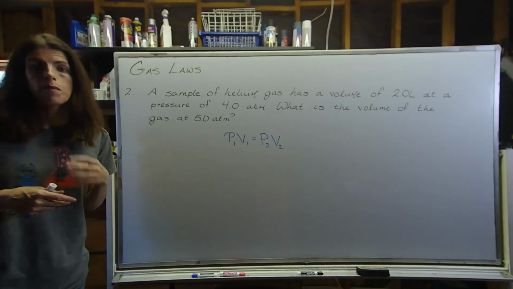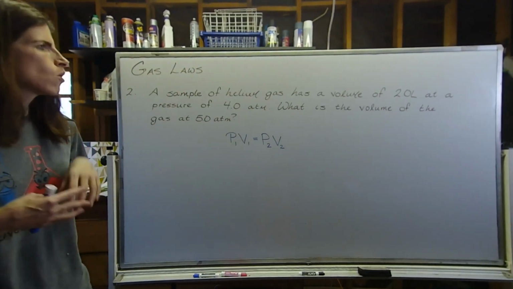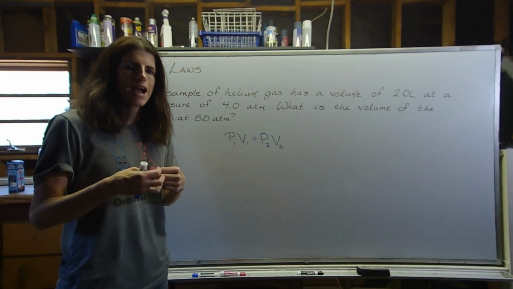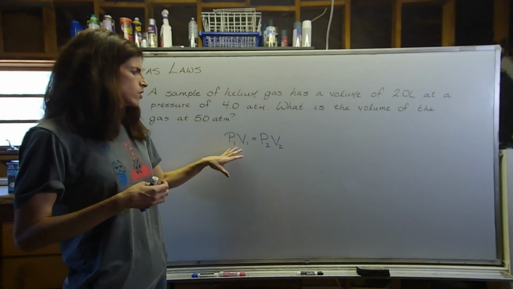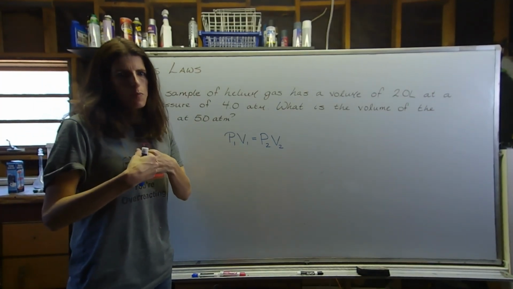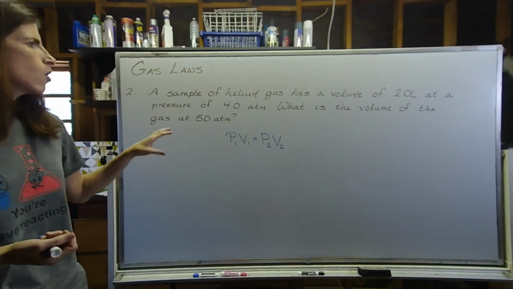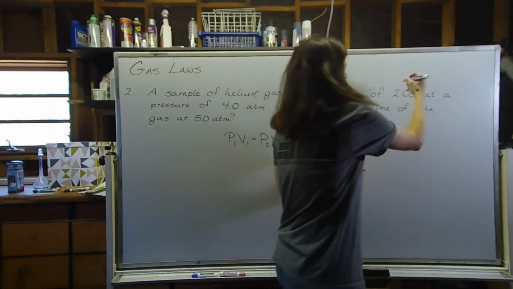Let's do this problem about helium gas that shows us how we can use Boyle's Law. When I'm reading through these problems, I like to focus on finding my matched pairs. So it doesn't matter which you plug in for P1 or V1, as long as they're part of the same pair. So the helium gas has a volume of 2.0 liters.